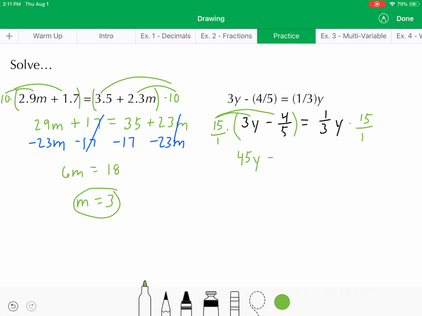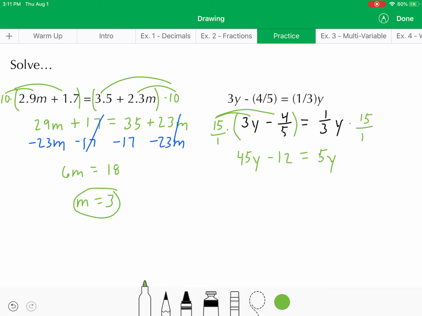Minus 15 over 1 times 4/5 is going to give you 12. On the right-hand side, 1/3 y times 15, that's going to give you 5y. Okay.